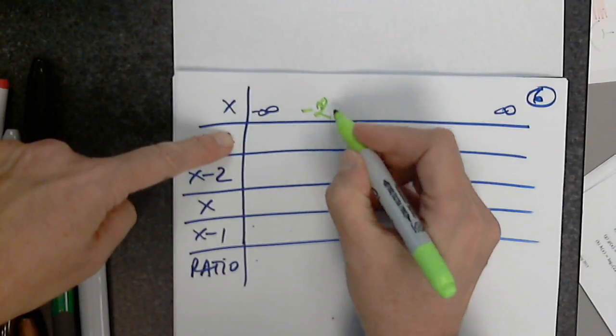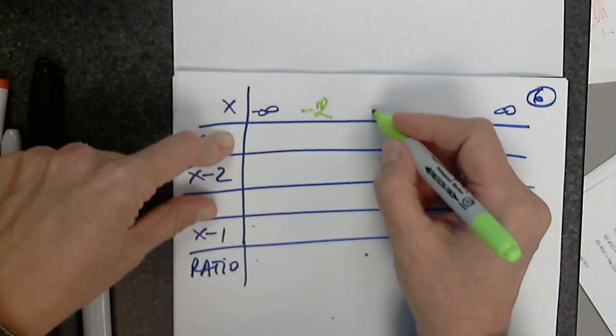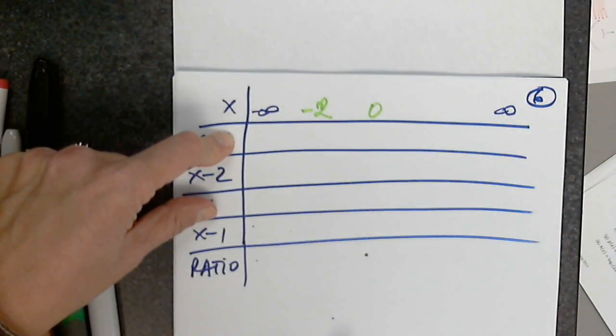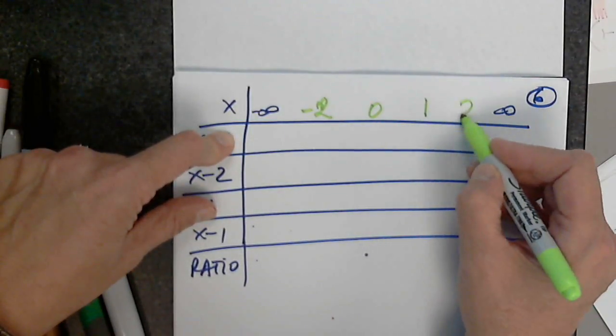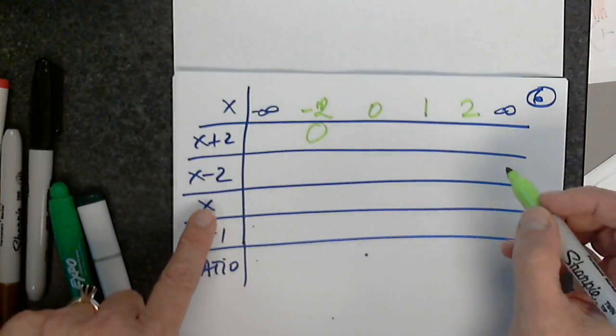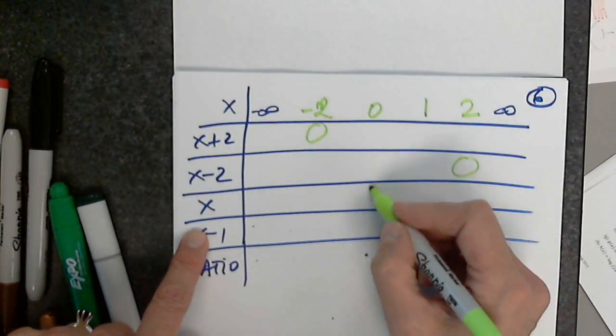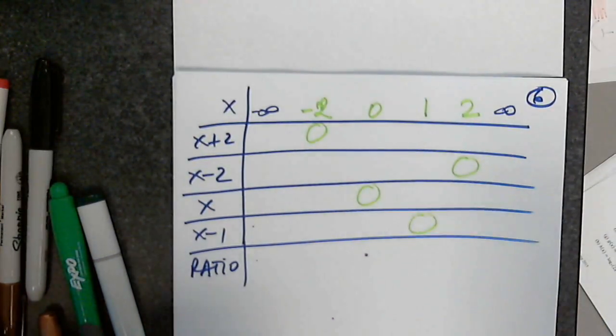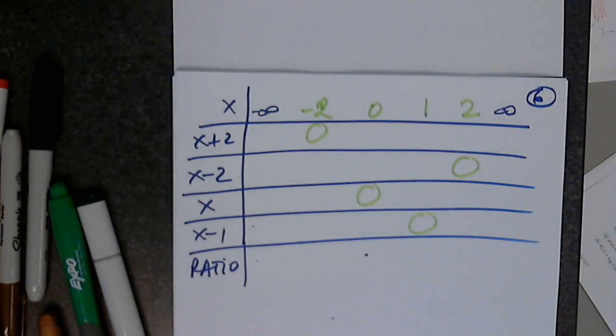Negative 2 is the first one. 0 is the next one. 1, and 2. Now I have to put the corresponding zeros: 0, 0, 0, and 0. Then I have to put the corresponding zeros in the ratio.